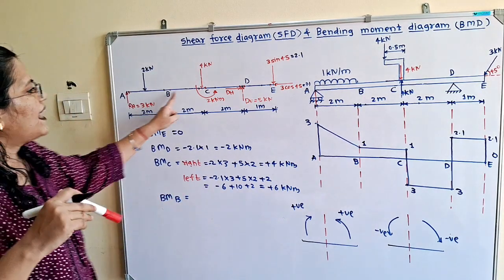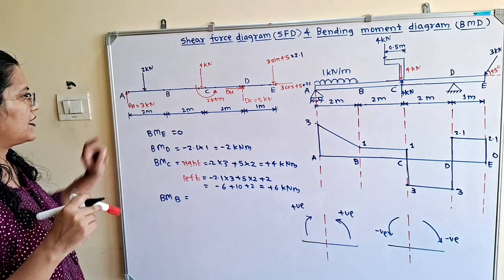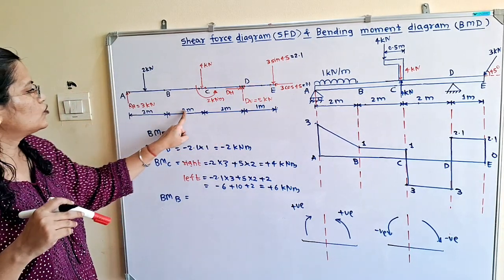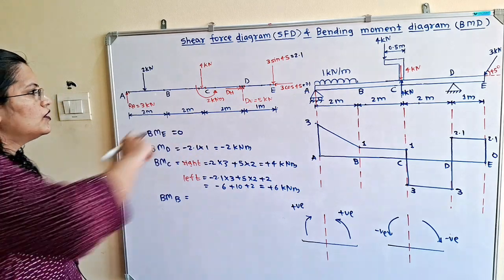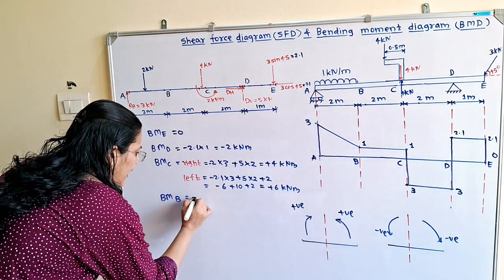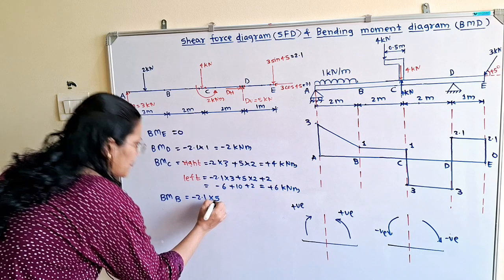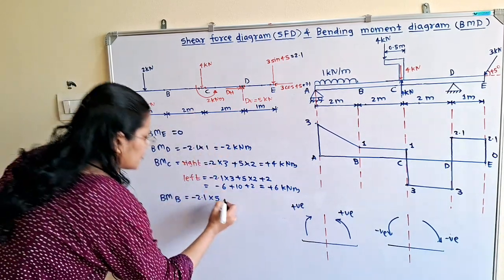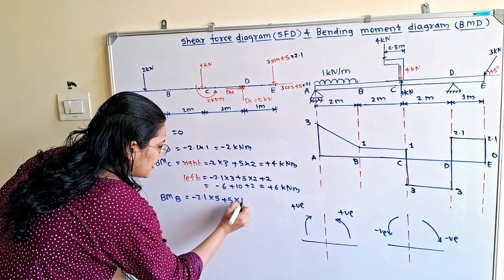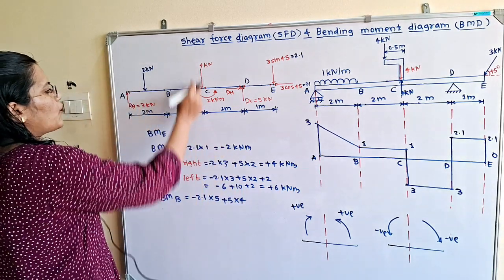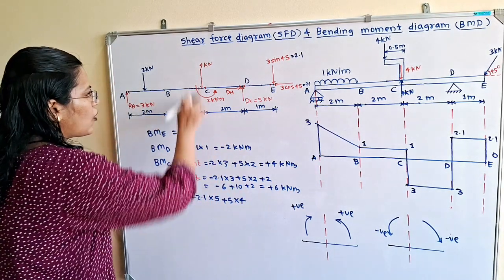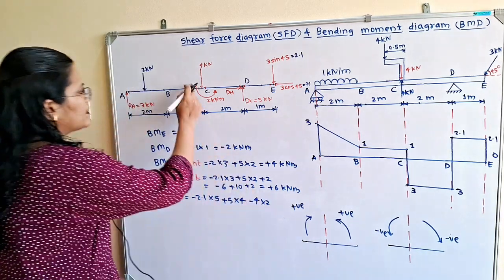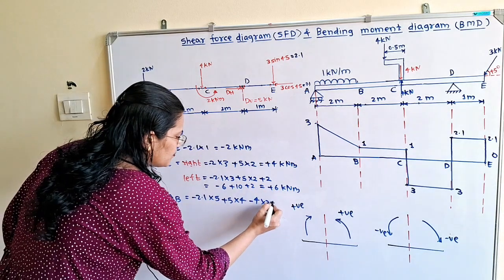So again select the point, and we have 5, minus 2.1 multiplied by 5. Then here is 5 multiplied by 2 plus 2, that is 4, so it is plus 5 multiplied by 4. Then this is the point load, so it is also in clockwise direction, so minus 4 multiplied by 2, and this couple is in anti-clockwise direction, plus 2.